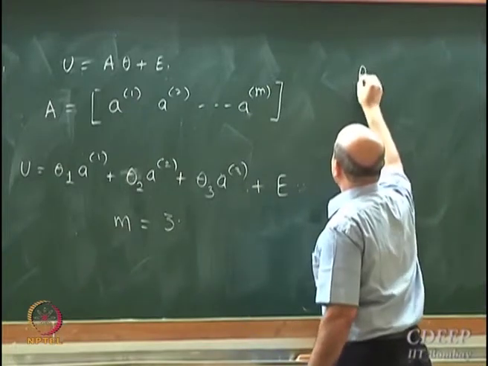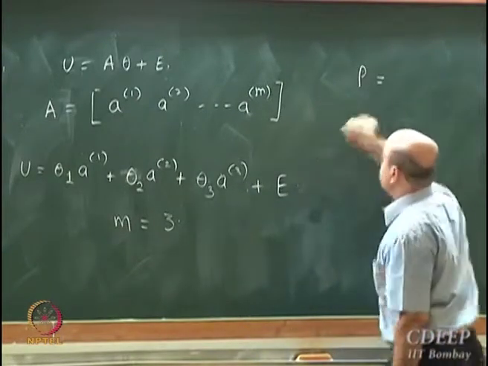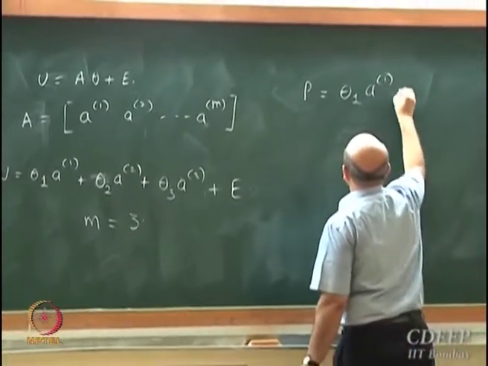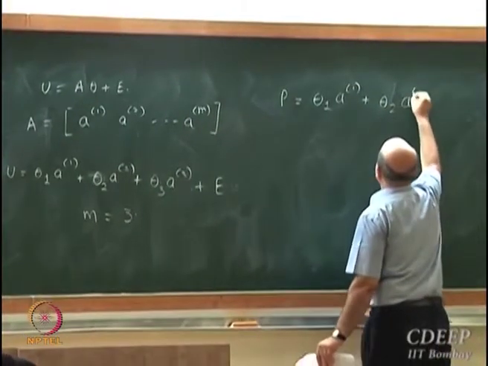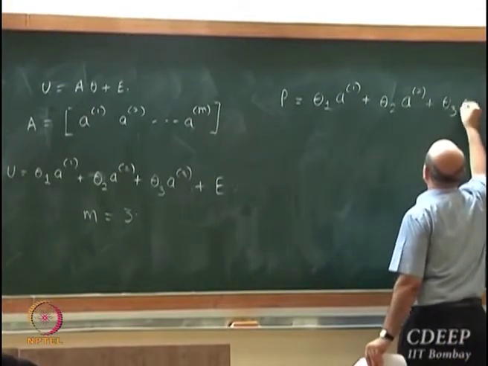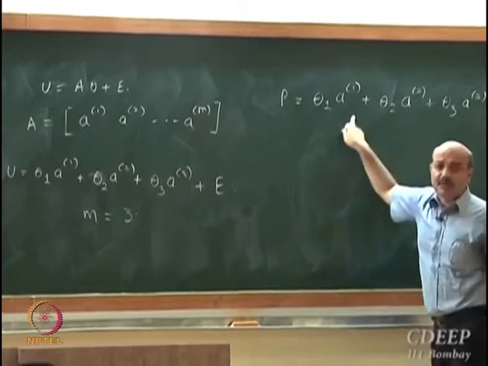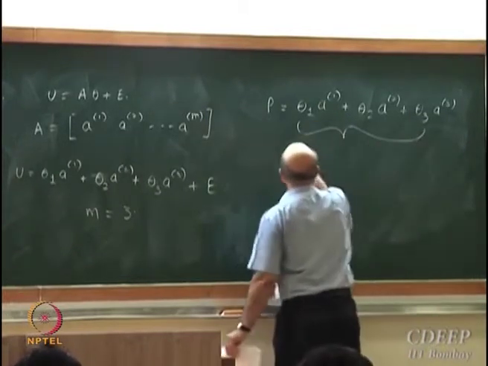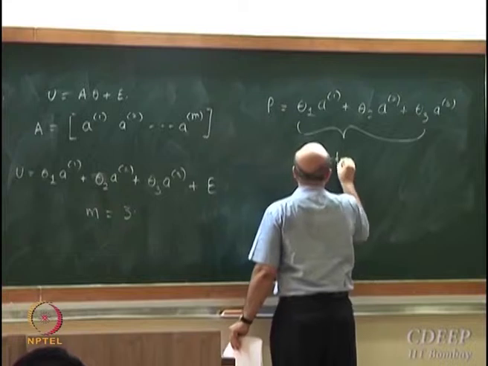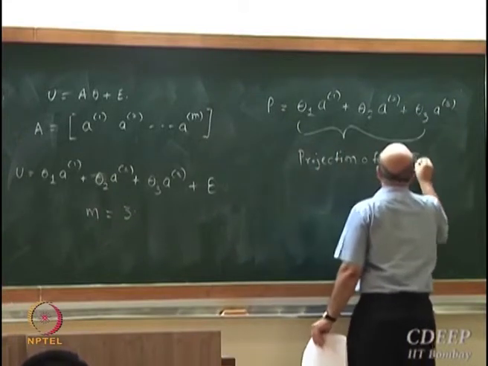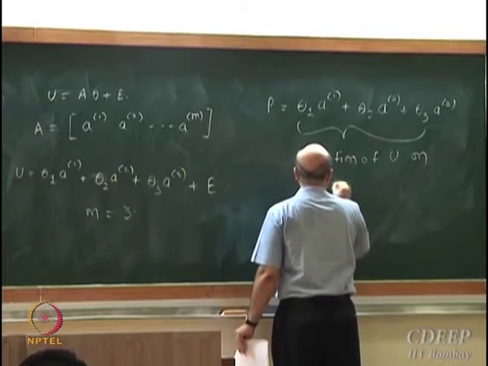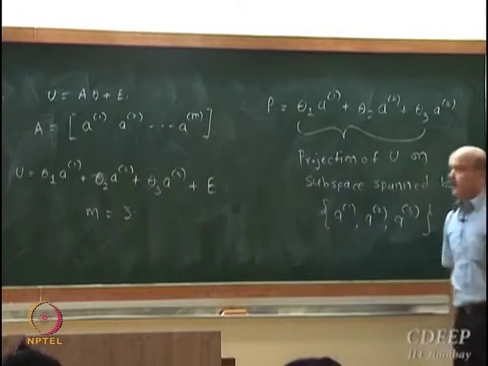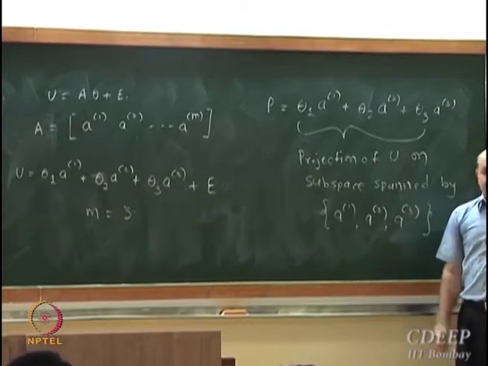This vector P, I am going to call this a projection vector: theta 1 A1 plus theta 2 A2 plus theta 3 A3. This is the projection of U on the subspace.